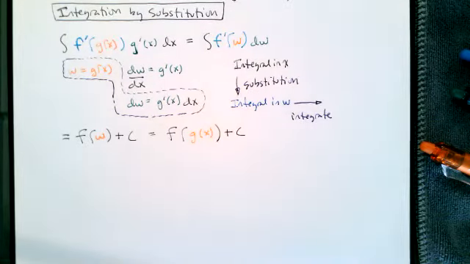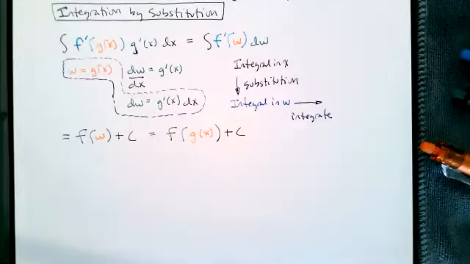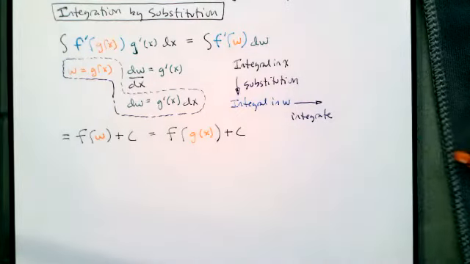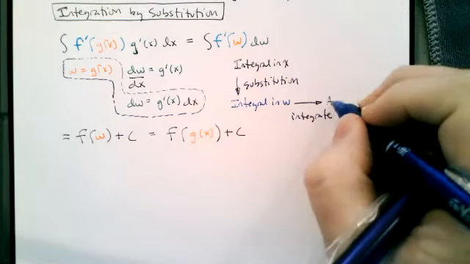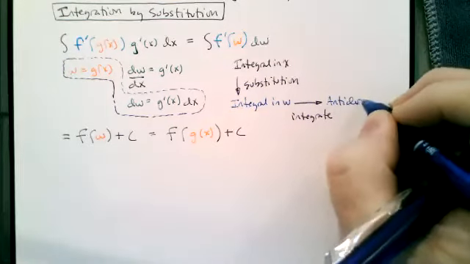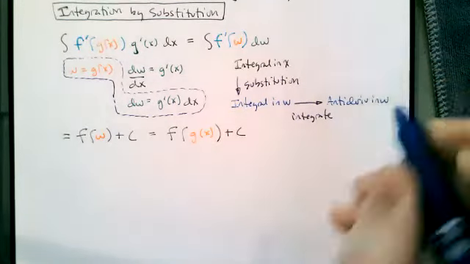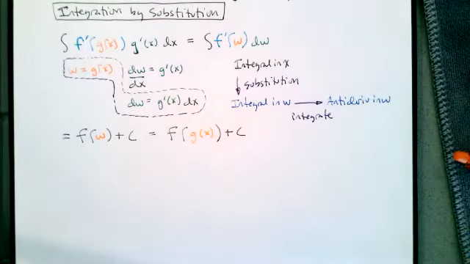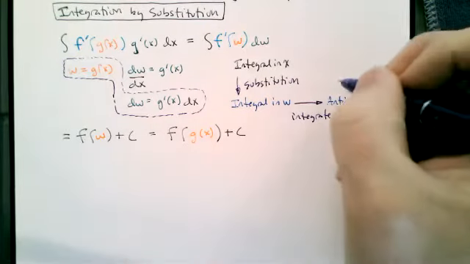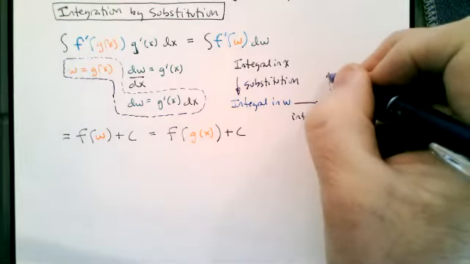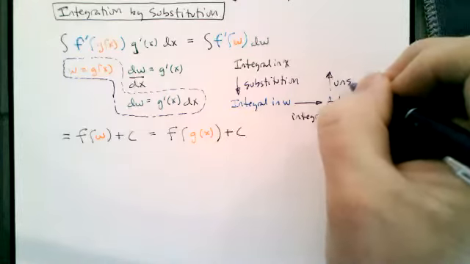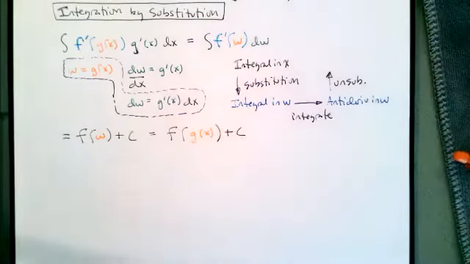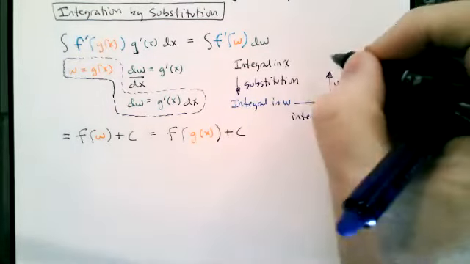But the result here is going to be an antiderivative in w. So we have to resubstitute back. We have to unsubstitute back to our antiderivative in x.